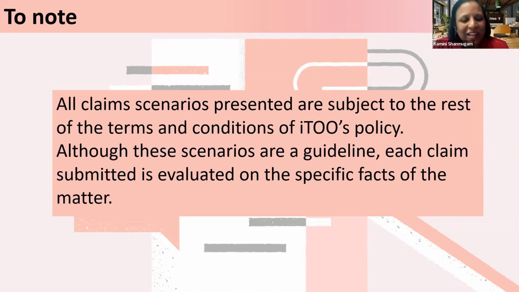Yeah, so I think our policy makes it very clear that the insured must take all reasonable steps to make sure that the subcontractor has active insurance cover in place.